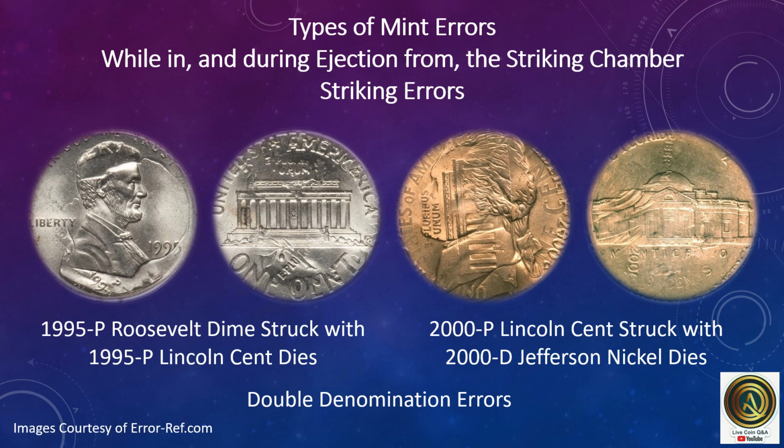On the left is the 1995 Roosevelt dime that was struck with the 1995 Lincoln cent dies. On the right is a 2000 Philadelphia Lincoln cent struck with the 2000 Denver Jefferson nickels.